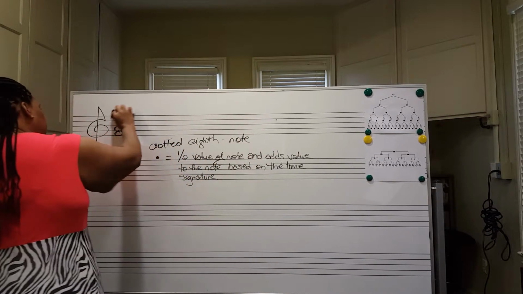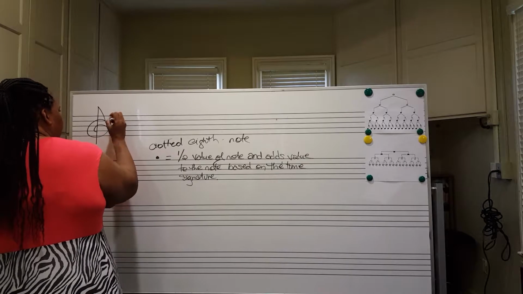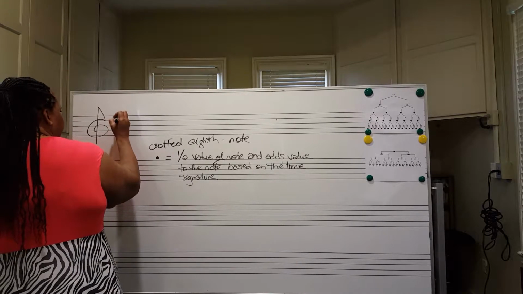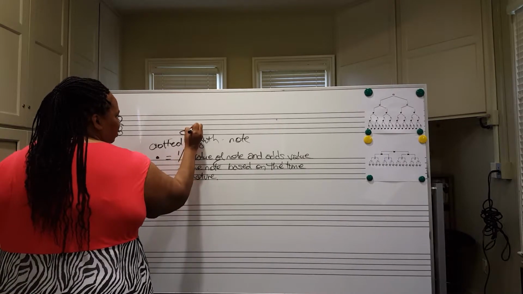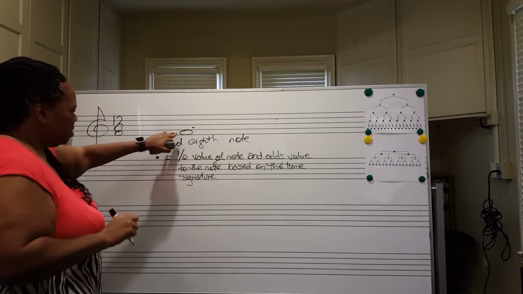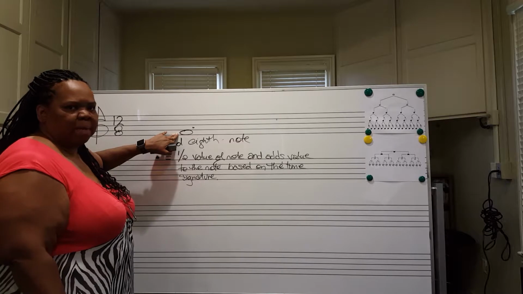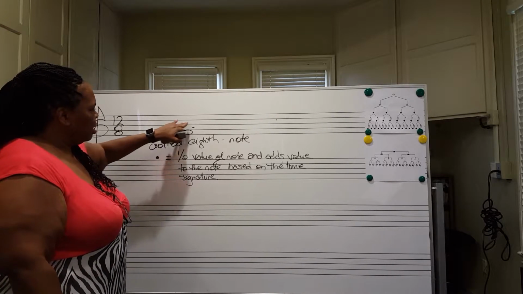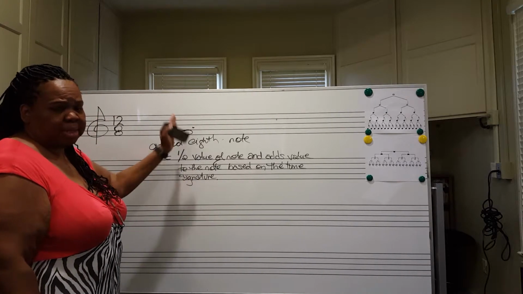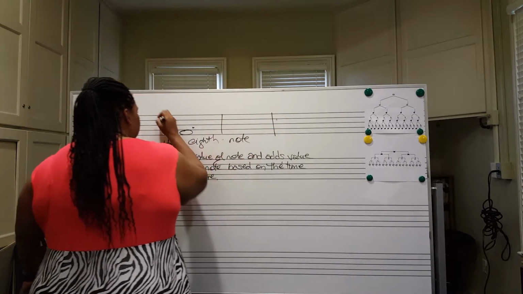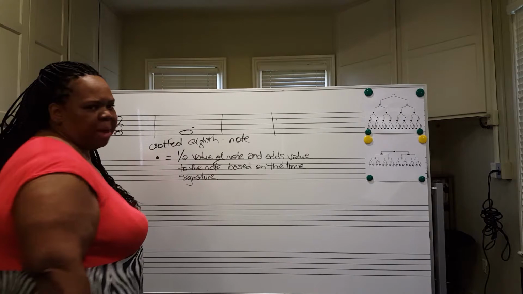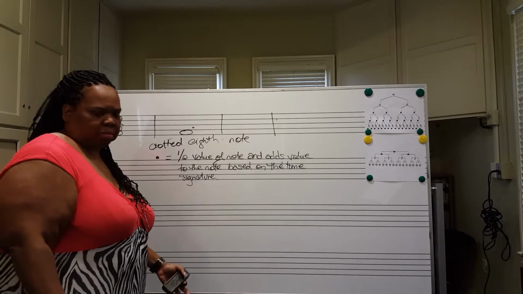We would probably use it in this one, in 12/8 time. There we can work the equation. The whole note has now become 8 beats. This is divided into half. 4 plus 8 equals 12. And yeah, that would work. That would be a measure all by itself. All right?